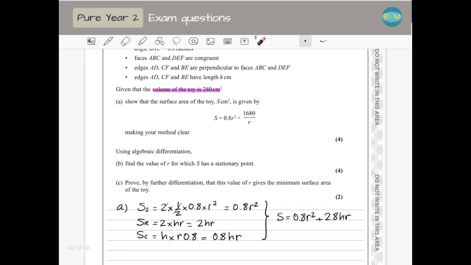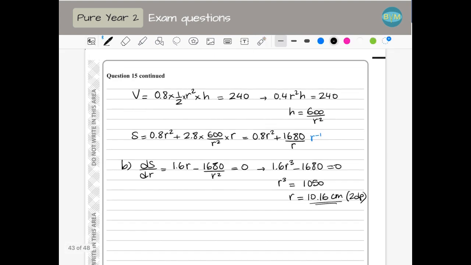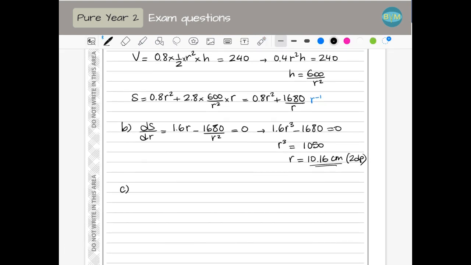And then for part C, they say prove by further differentiation that this value of r gives the minimum surface area of the toy. So I need to prove that it's a minimum. Remember, I need to find the second derivative, so differentiate again. And if it's positive, it's going to be a minimum. So the second derivative, just using this expression, is 1.6, and again this is r to the power of minus 2, so I have minus 2 at the front.